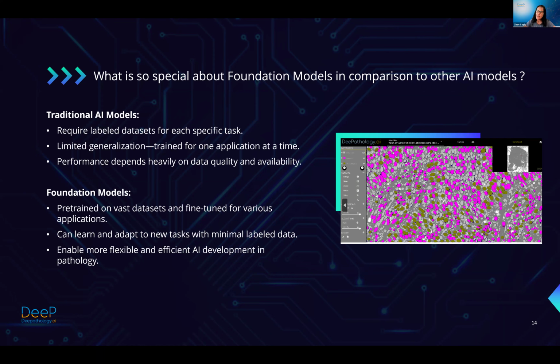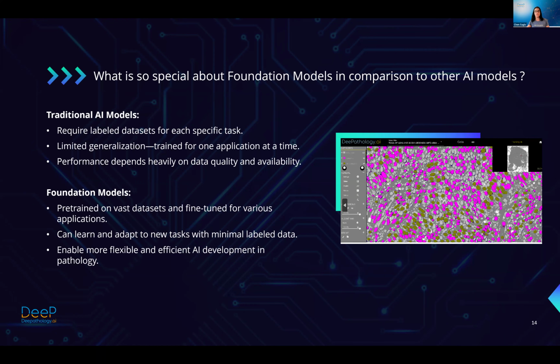Of course, in traditional AI models, let's say that I developed a fantastic model to find beta amyloid plaques. I need access to beta amyloid plaques, and maybe I don't have a lot of slides, and maybe these slides are stained in a specific way. When I try to generalize that, I have a big problem.